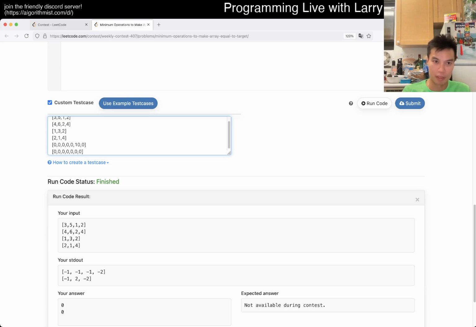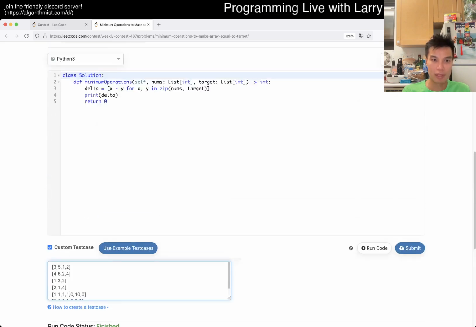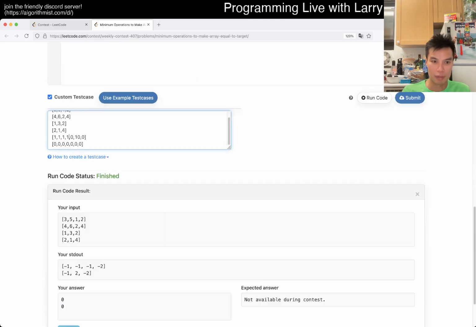Oh, well, maybe there's just -1 or something. Please, can these be negative numbers? Nope. Okay, well, whatever. Oops, I forgot that these cannot be negative numbers. What am I doing now?